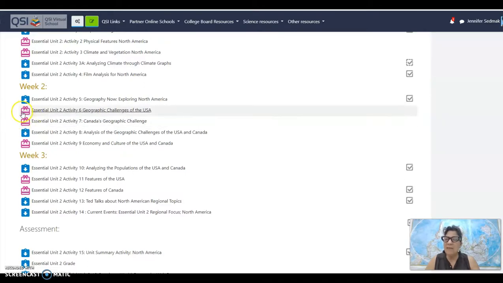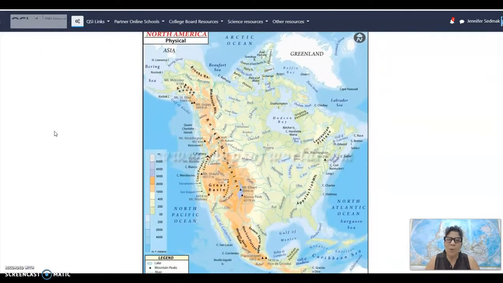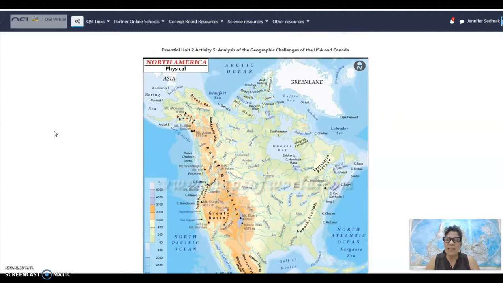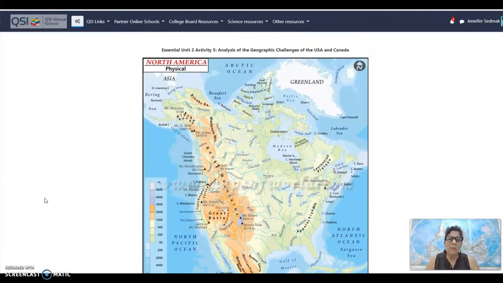Okay, and then moving on from there, after you listen to those 2 videos in this activity, and I'm going to open this one up, it is an analysis. So what you need to do in this activity, if I scroll down, there is an assignment right here. You need to compare the United States to Canada as it pertains to their geographic challenges.